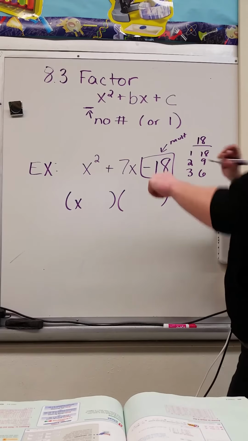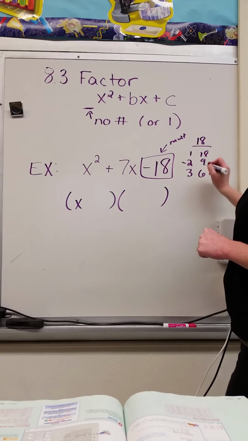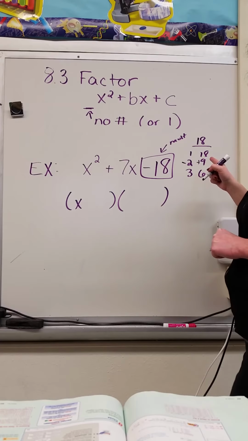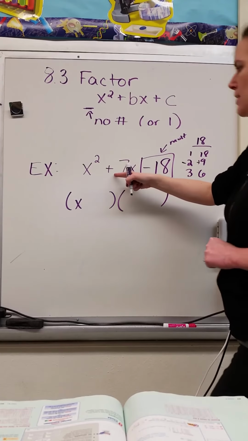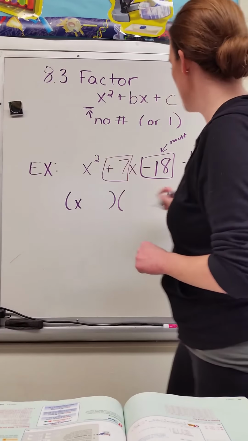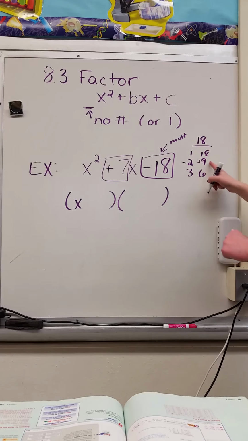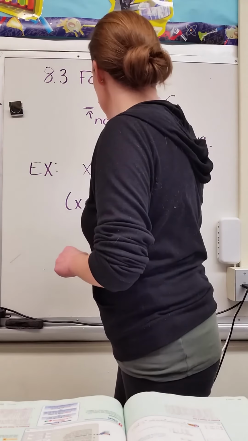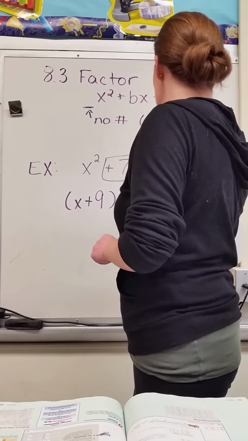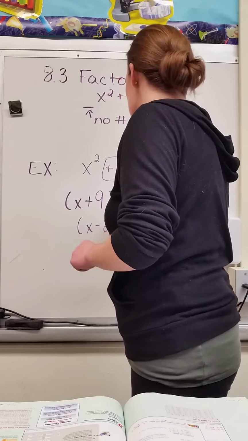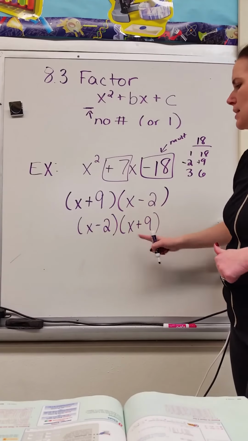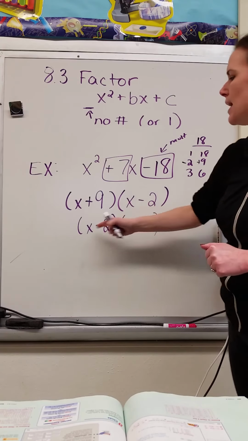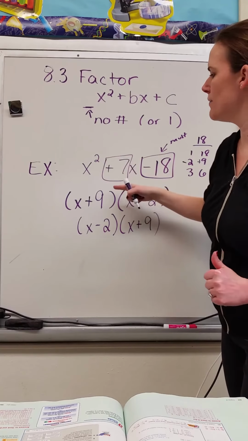If I make this one negative and this one positive, that's going to add to be a positive 7. So make sure you're paying attention to which one has to be negative and which one has to be positive. So again, the order you write them doesn't matter. So if you had written it as x minus 2, x plus 9, that's fine. But it's important that the 9 is the positive one because it has to add to be positive 7.